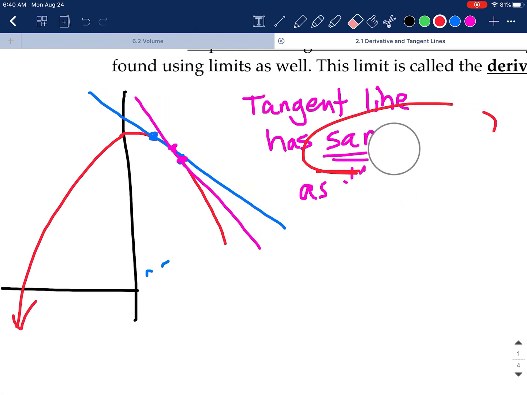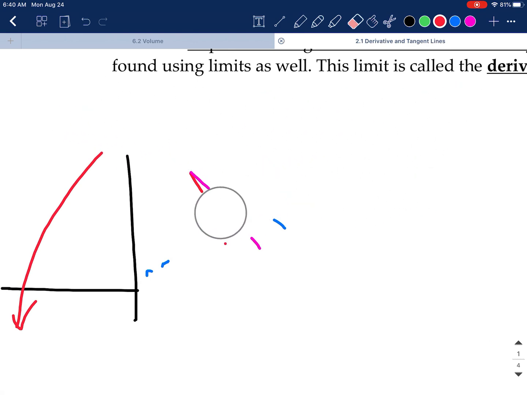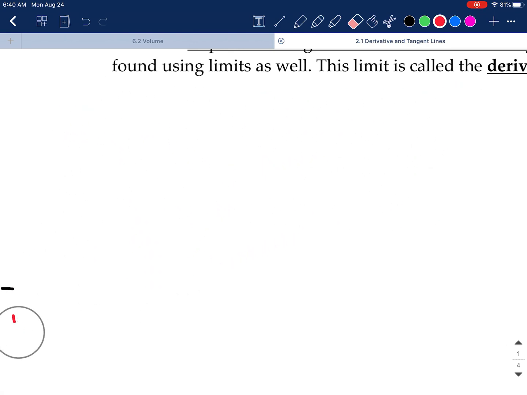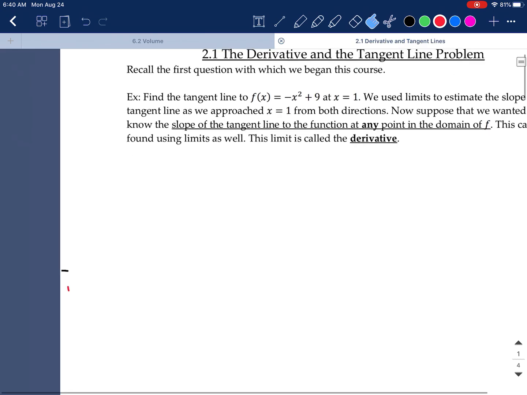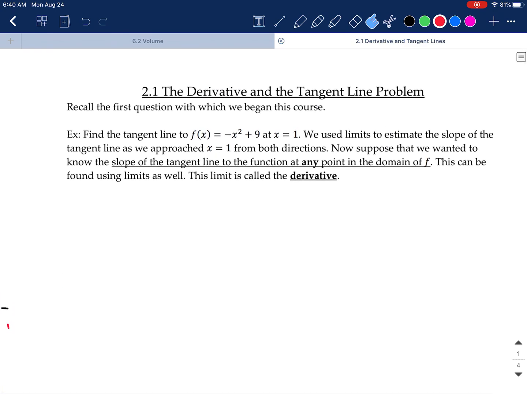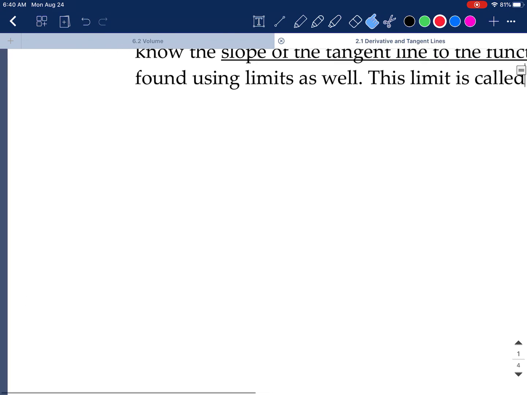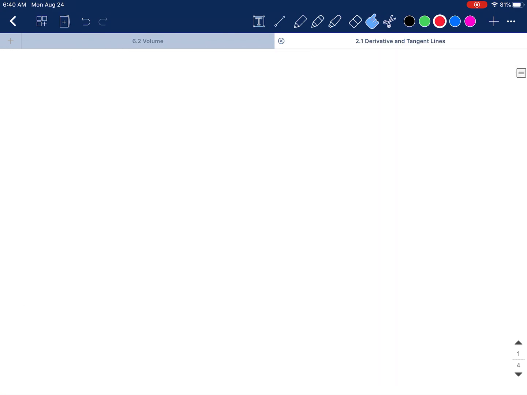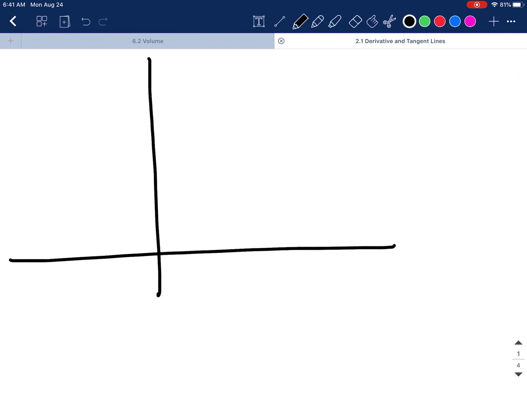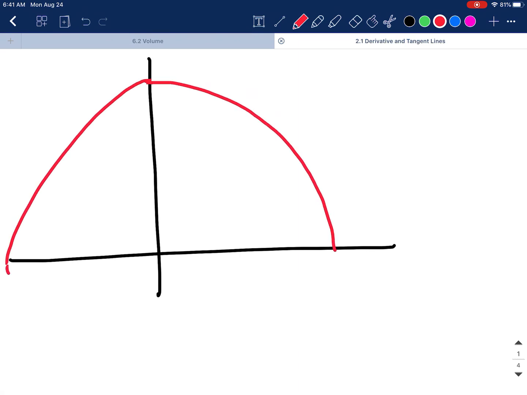So what we're going to do now is generalize this process. We're going to get rid of this for a moment, and we'll redraw. And we're going to end up with what we call the derivative function. So let's go ahead and start over. We're going to be dealing with the same curve here, 9 minus x squared, let's say.